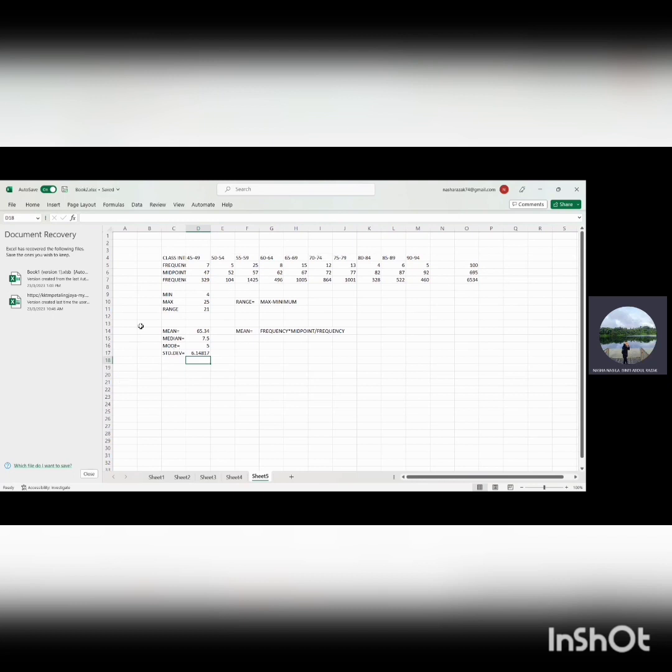So the standard deviation in Excel is 6.14817. So this is how to find the range, mean, mode, median, and standard deviation value using Excel.